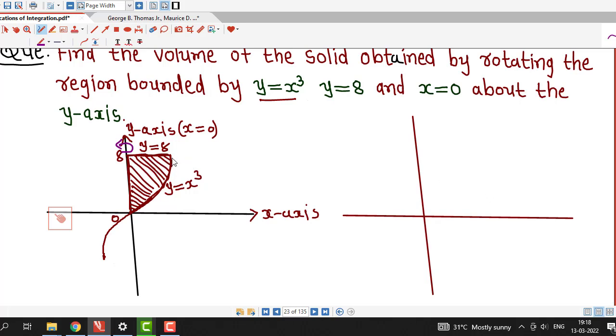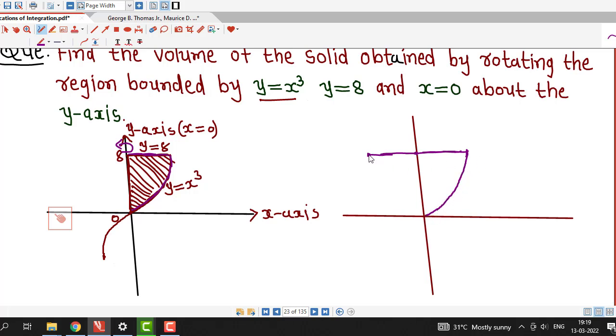So for that, as I have discussed, if we want to sketch the shape of a solid, we have to take mirror images of these boundaries. Here we have y equal to 8, so here somewhere I consider this is y equal to 8. So I have to go up to this point on both sides. We assume this same distance on both sides. Then I consider mirror image of this part of y equal to x cube parallel to y-axis.